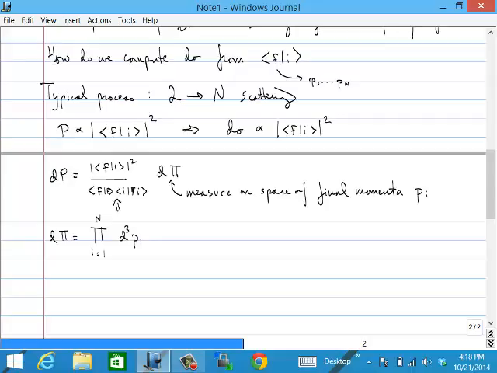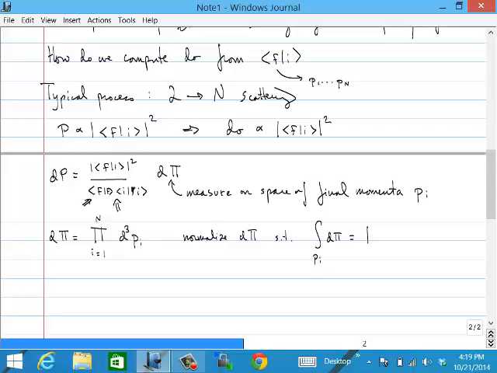Now, the only thing that we need to keep track of is that this total probability should integrate to 1. And we've included these normalization factors here to make sure everything is normalized appropriately. So we need to normalize this so that the integral over the space of all possible final momenta of dP should be equal to 1.